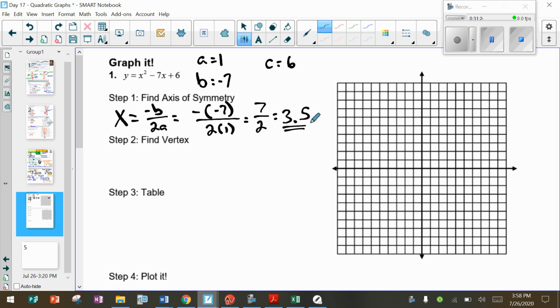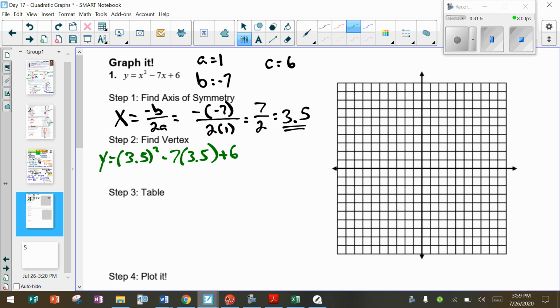And then when we plug in 3.5 back into our equation, we're going to get another decimal. But we can do it. Just take a look, see what would happen. So we'll do 3.5 squared minus 7 times 3.5 plus 6. If I type that into my calculator, I'm going to use parentheses around the 3.5 to make sure that I don't mess up any operation orders.